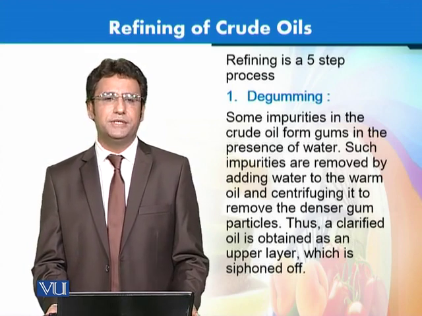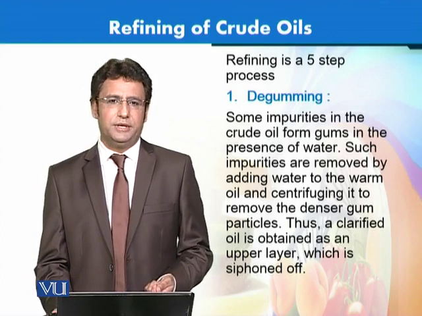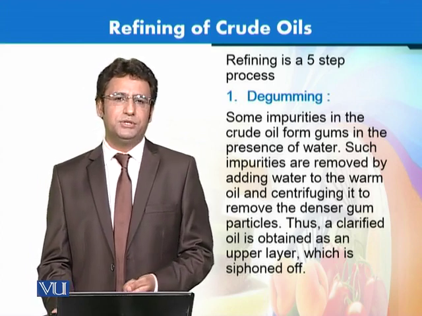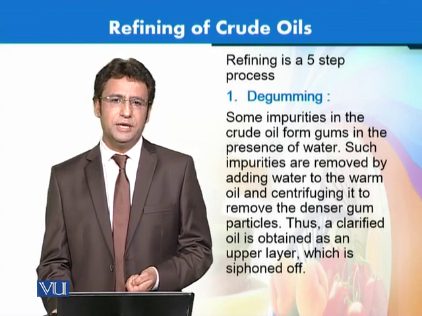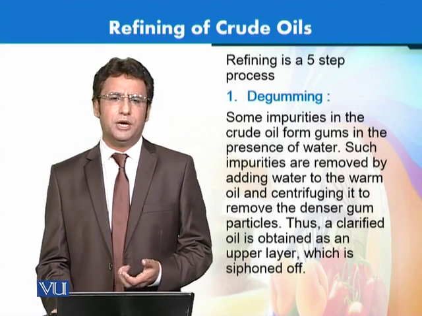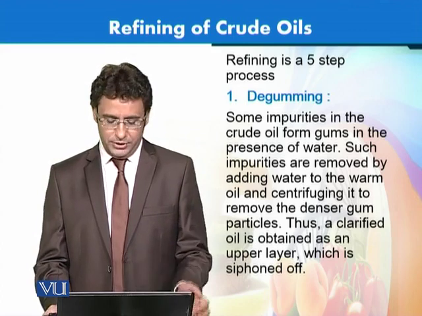The number 1 step is called degumming. Degumming is a process in which we add water to the hot oil, and that water would make up gums with some of the impurities.